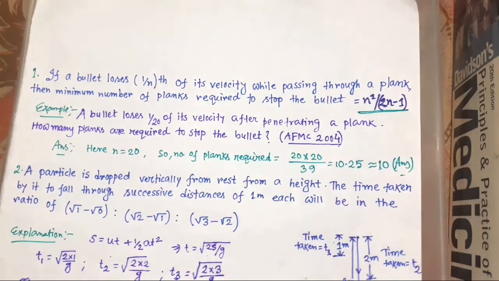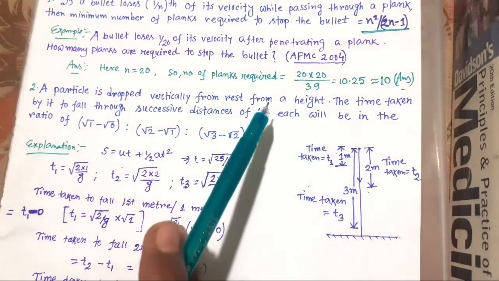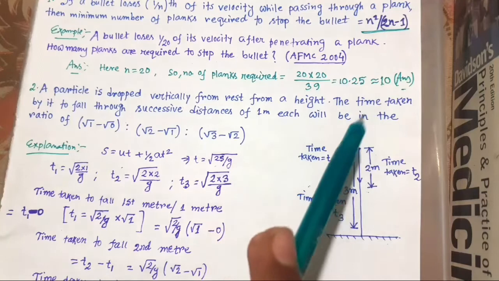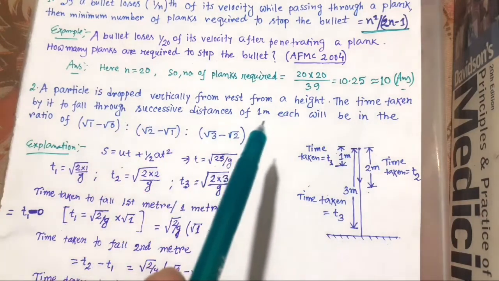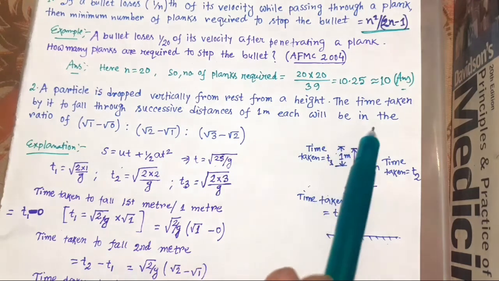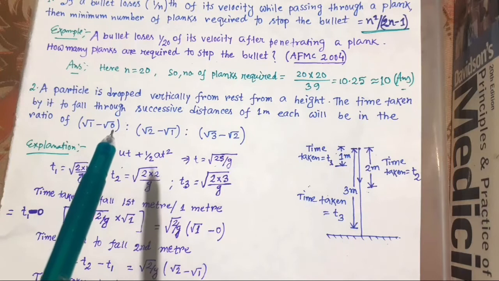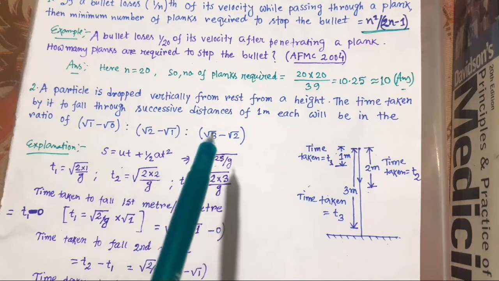Okay. Now, number 2. A particle is dropped vertically from rest from a height, suppose the height is h. The time taken by it to fall through successive distances of 1 meter each will be in the ratio of root 1 minus root 0 is to root 2 minus root 1 is to root 3 minus root 2.